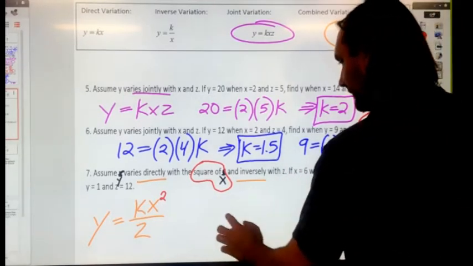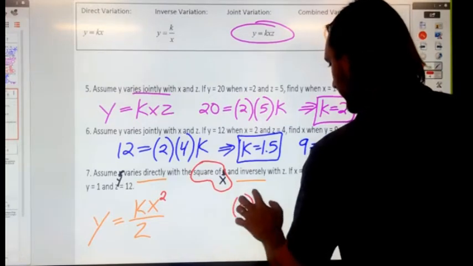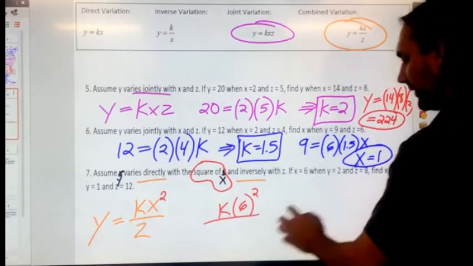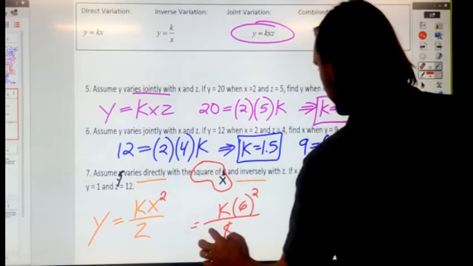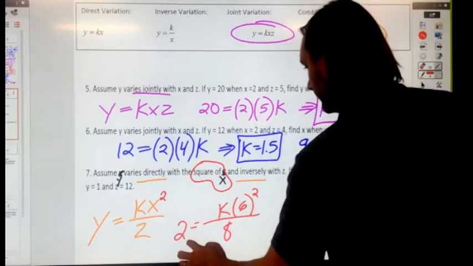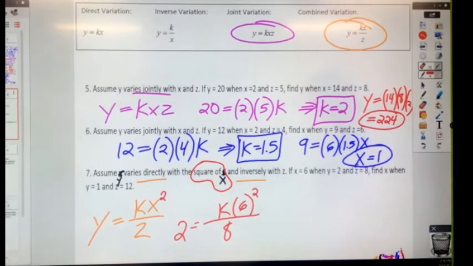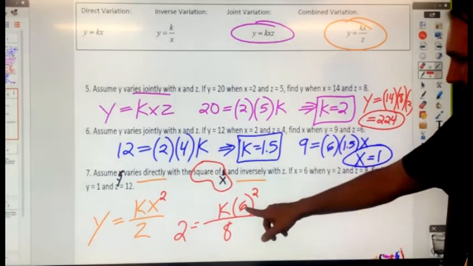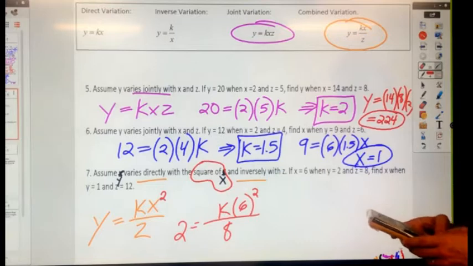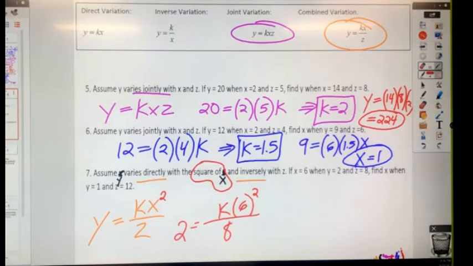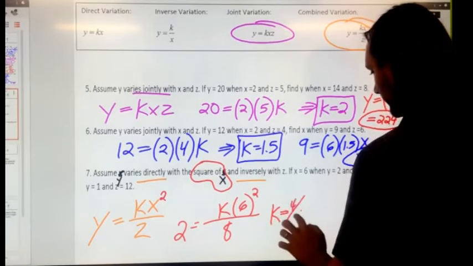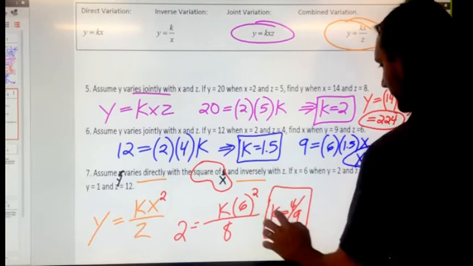So x is 6, so it's 6 squared, times k. z is on the bottom, z is 8, and that equals y, which is 2. So I multiply 8 by 2, I get 16, and divide that by 6 squared, which is 36. With these combinations, you're going to get weird k values, such as 4/9. So k equals 4/9. That's just the way it's going to work.